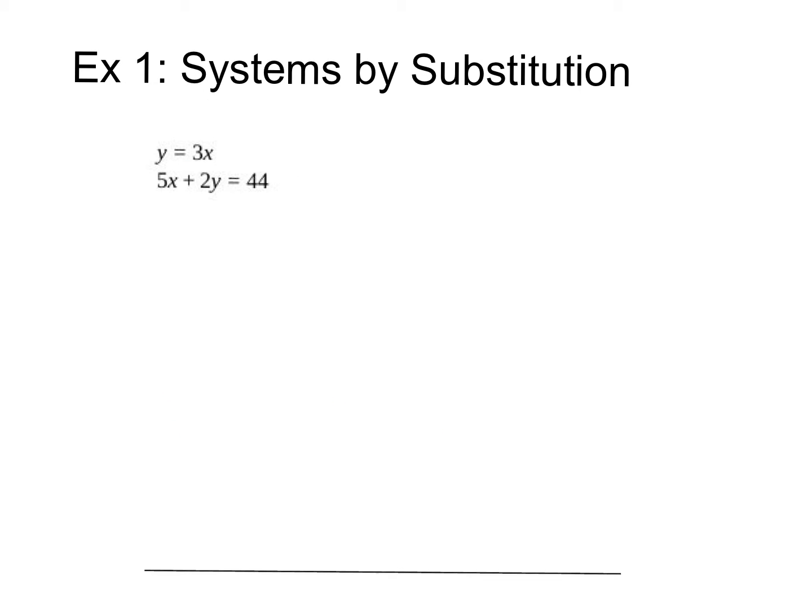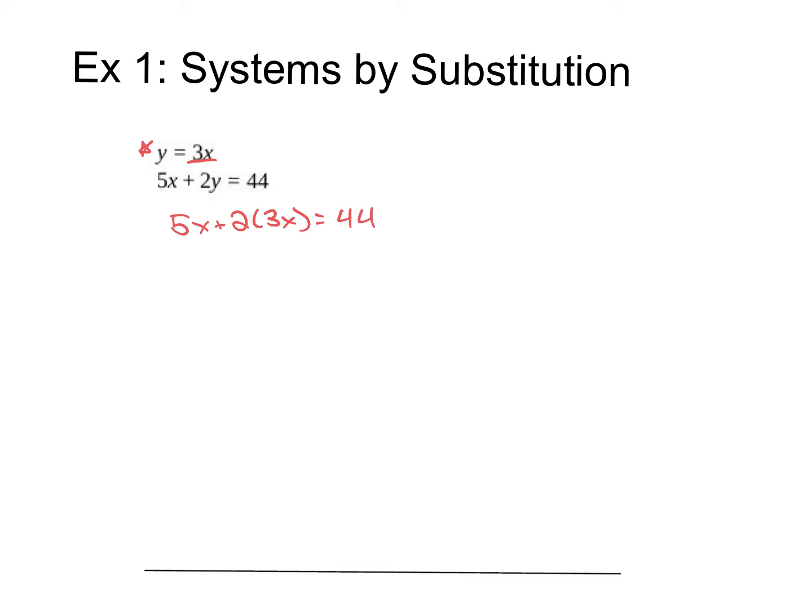All right, this example here, y equals 3x, 5x plus 2y equals 44. Well, the top one is already solved for y, so let's substitute that y in. That's just going to allow us to replace the y with a 3x.